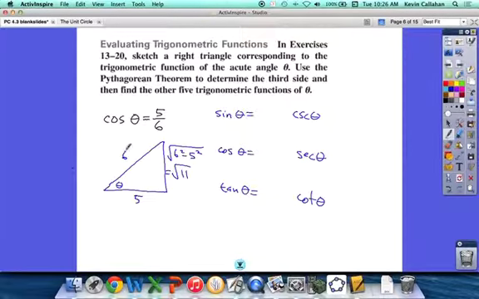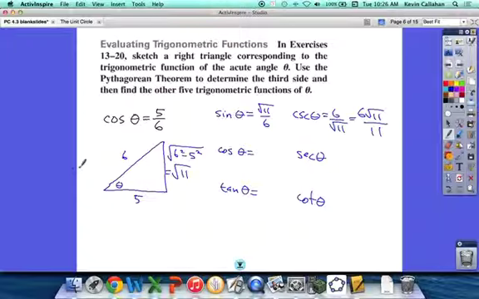Opposite over hypotenuse. Square root of 11 over 6. Okay, flip it. What's the cosecant? 6 over the square root of 11. Rationalize it. 6 times the square root of 11 over 11.